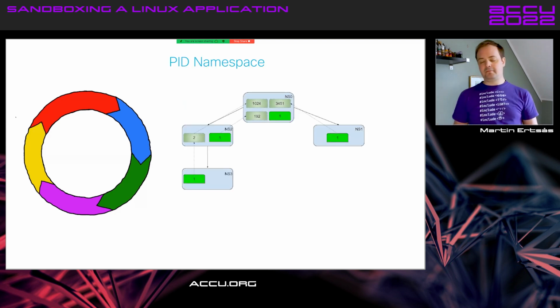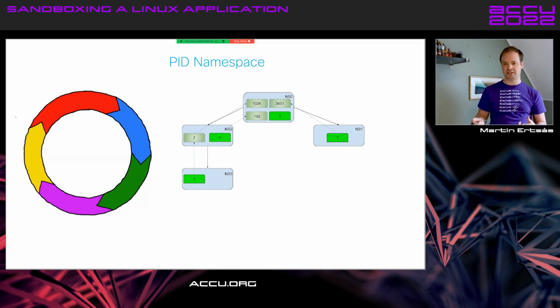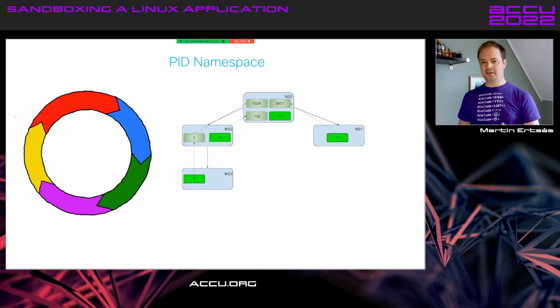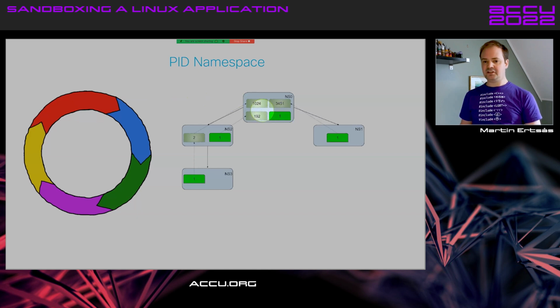And there is a mapping from whatever PID you have inside of the namespace to whatever the parent namespace sees. So this NS0 here, this is the initial namespace, and it has an init process, which has some children, 3451 for instance. But that process is in a namespace. So it sees itself as PID1.